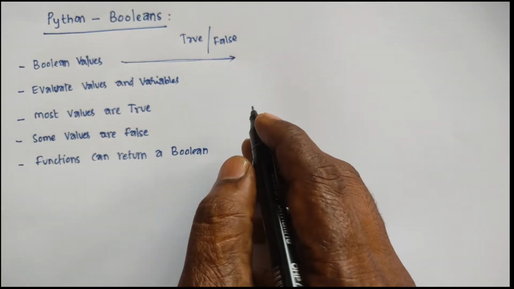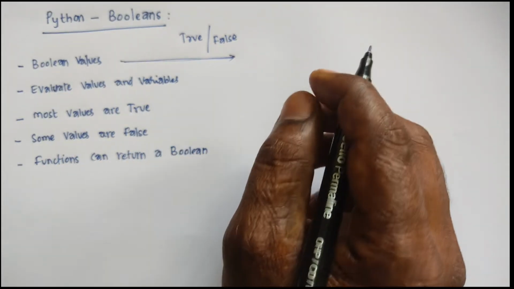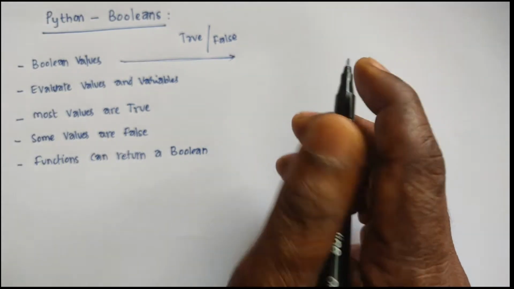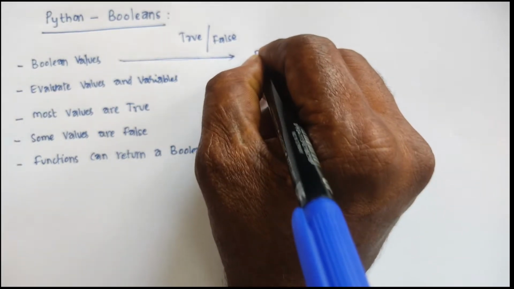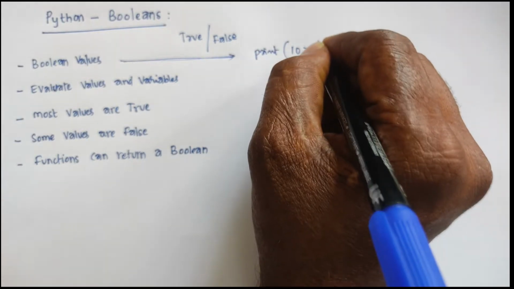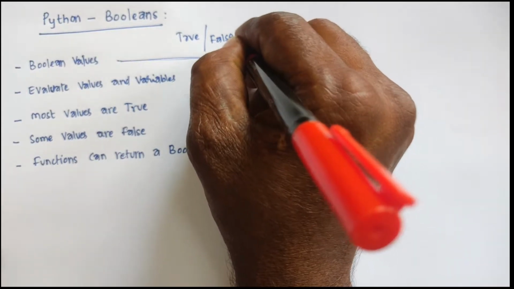So, when you compare two values, the expression is evaluated and Python returns the Boolean answer. For example, you write print(10 > 9). This is an example.